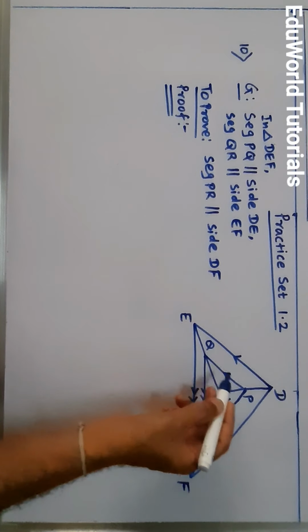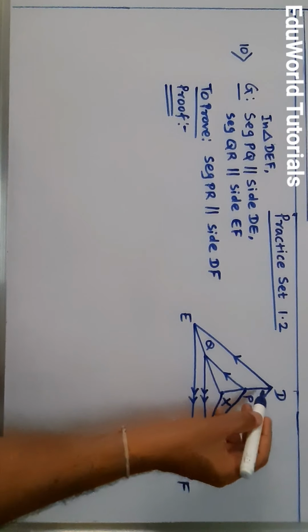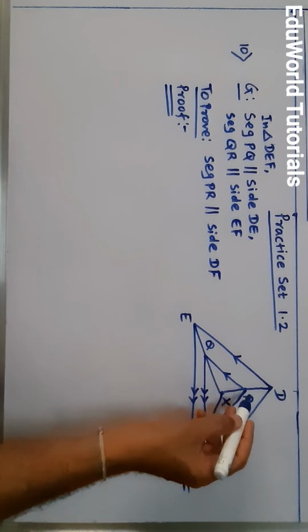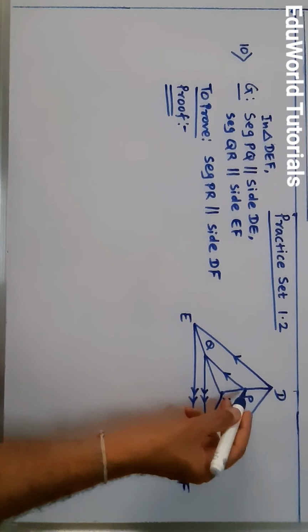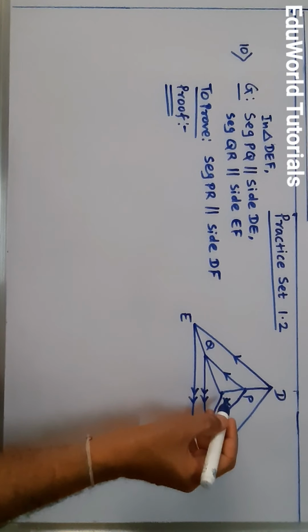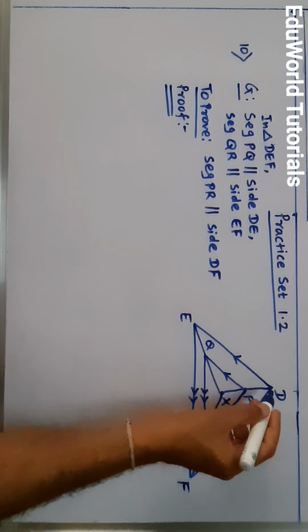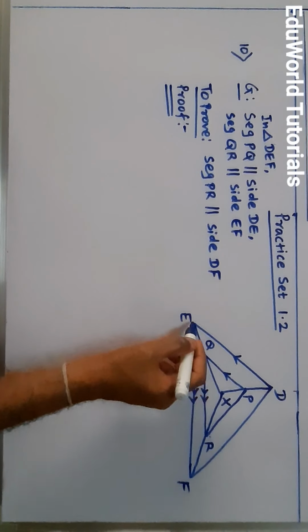Now a line is drawn parallel to one side of a triangle and intersects the other two sides in distinct points. Then we know by BPT that this line divides the other two sides in the same ratio. So ratio XP to PD is equal to ratio XQ to QE.